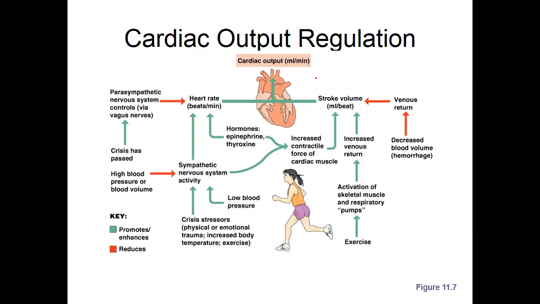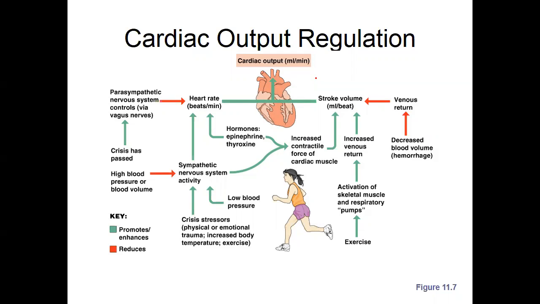Actually, the SA node wants to fire about 120 to 140 beats a minute, and parasympathetic innervation of the nervous system has the reins on that horse, holding it back. So the parasympathetic innervation controls your heart rate and keeps that SA node in check to whatever your body may need. So it regulates your heart rate.